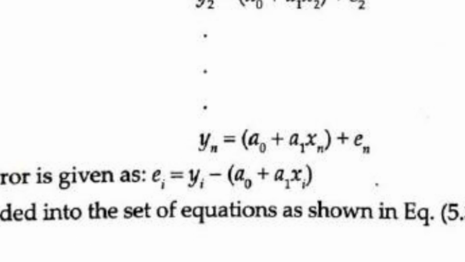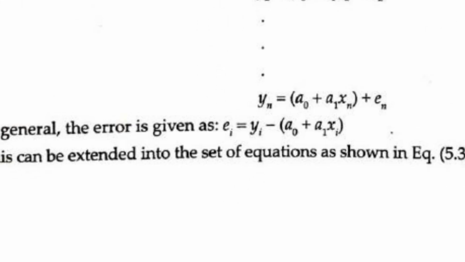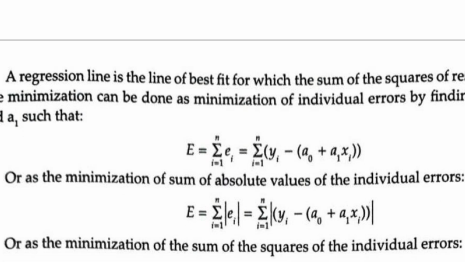So e can be found by subtracting a naught plus a1 x from y, that is ei equal to yi minus (a naught plus a1 xi). This is the equation for error.